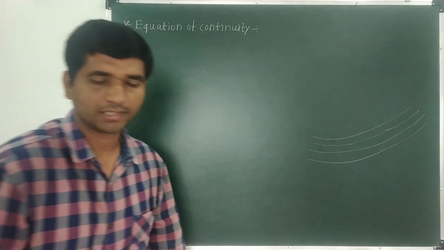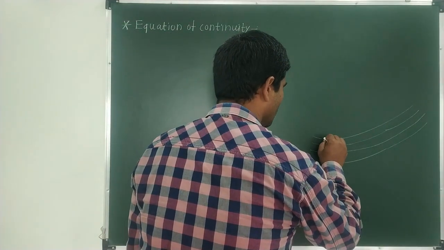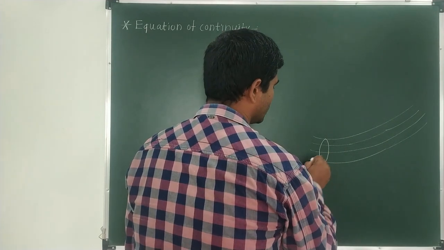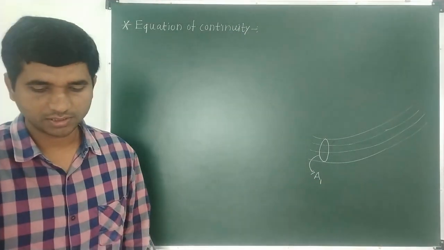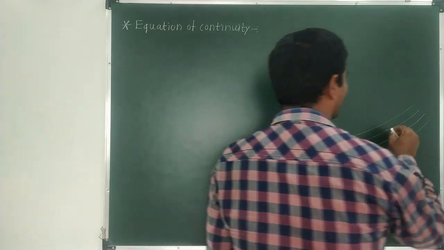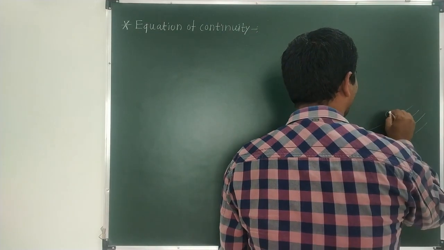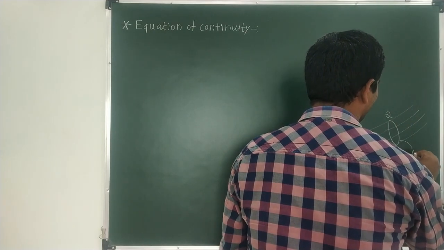So, let us say we will consider two area elements. For example, this is the first area element, whose area of cross section is A1. Let us say it is situated at the point P, and there is another area element situated at a point Q, whose area of cross section is A2.